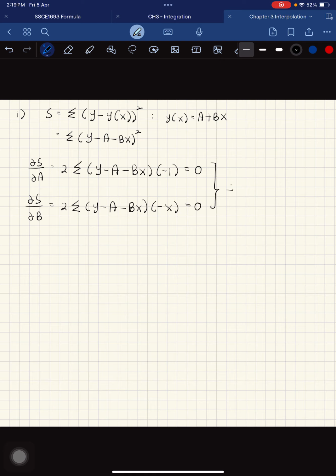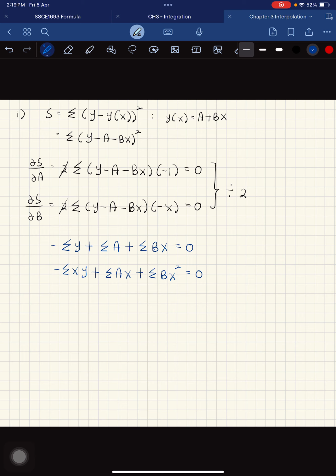And these two equations we divide by 2, so this one can be cancelled out, and we get negative summation y plus summation a plus summation bx equal to 0. Negative summation xy plus summation ax plus summation bx squared equal to 0.